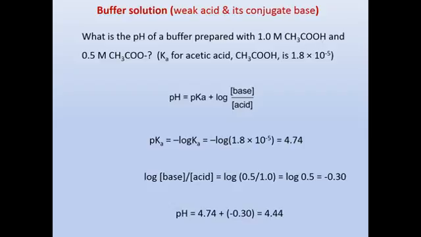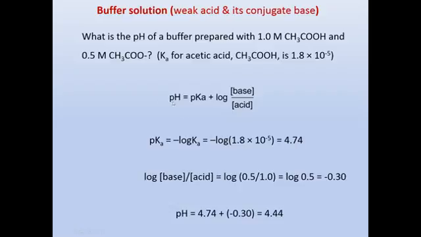We know the concentration of the acid, we know the concentration of the base, and we're given the Ka for acetic acid, and from the Ka we can find the pKa. The p means negative log, so the pKa is the negative log of the Ka. Negative log of the Ka value gives us the pKa for acetic acid.